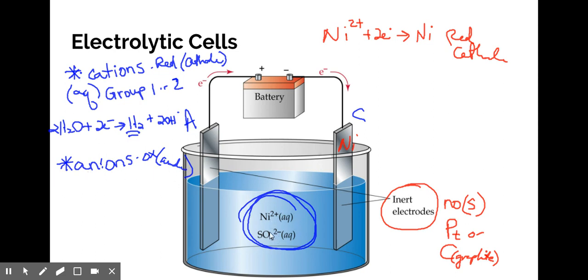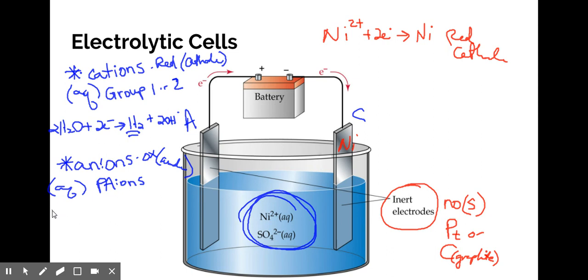But since we have the aqueous state, that means that we have to refer to a rule. And the rule is that polyatomic ions, that's what that state, poly ions, is, polyatomic ions, they do not get oxidized. Water will oxidize instead.